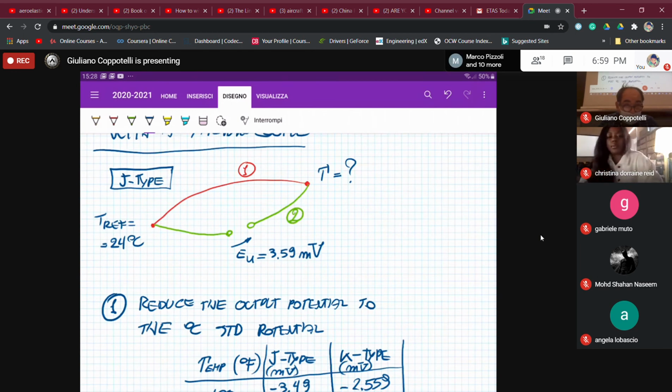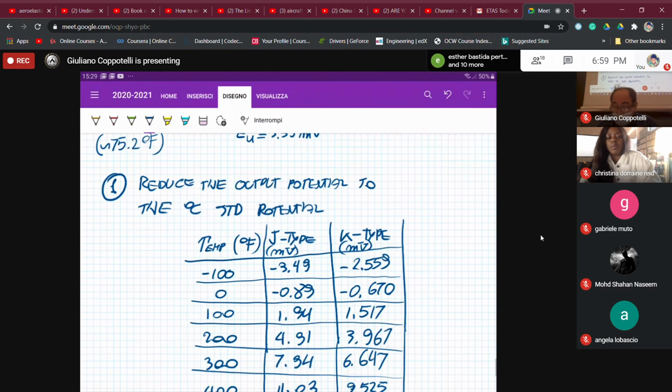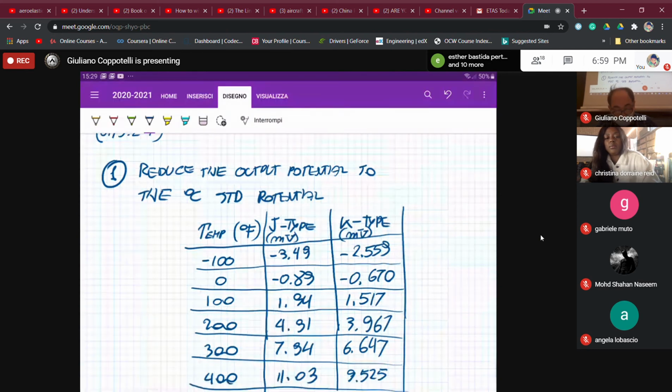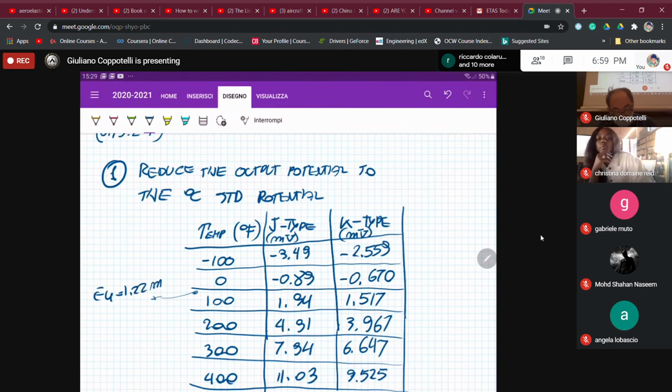Because the reference temperature is at 24 degrees, that is approximately equal to 75.2 Fahrenheit, by using that table you know that the output tension with respect to 0 will be about 1.22 millivolts.